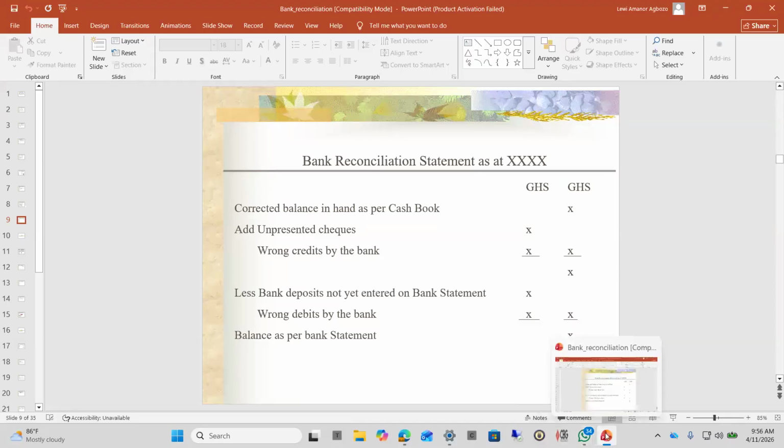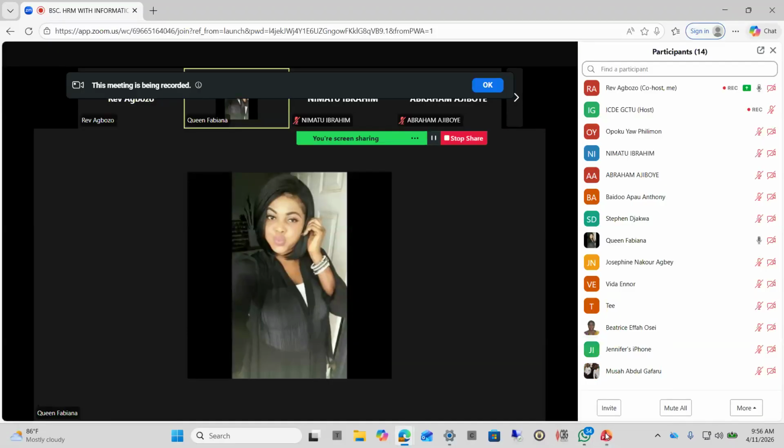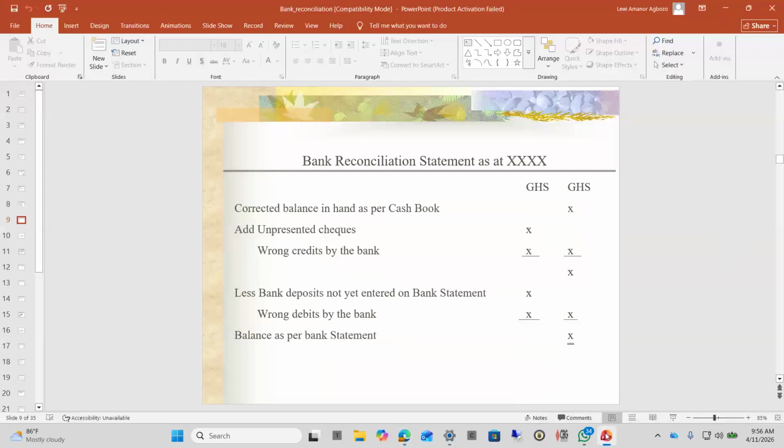Yes, sir, I have a question. I want to get the unpresented check aspect again. You said it's an issued check that hasn't been cleared yet by the drawee. Is that correct? That is correct.